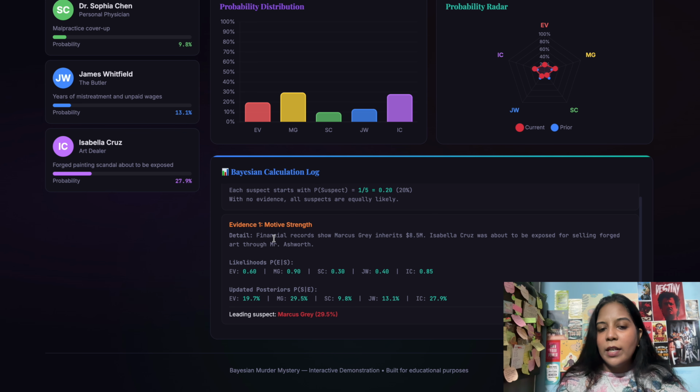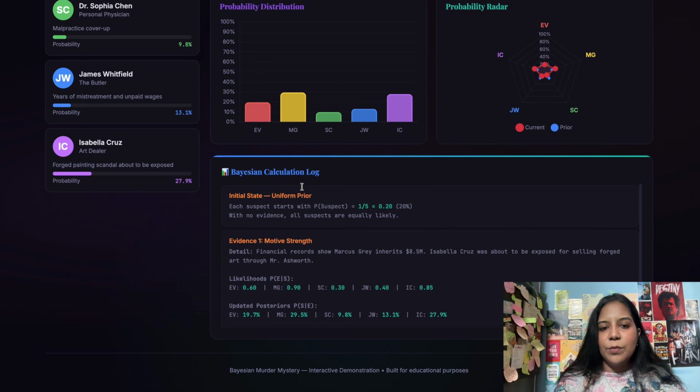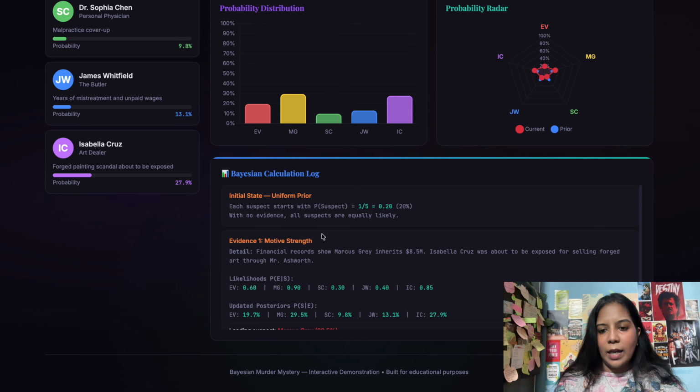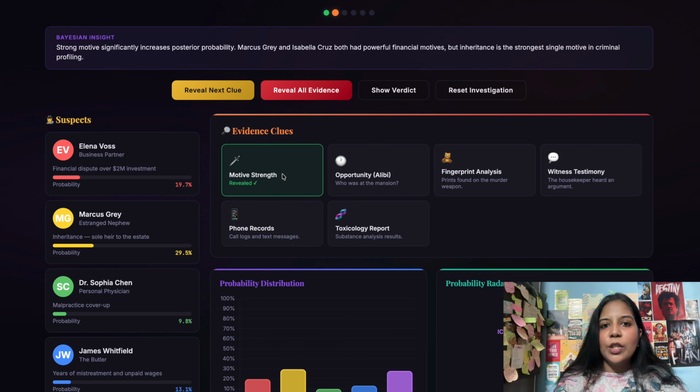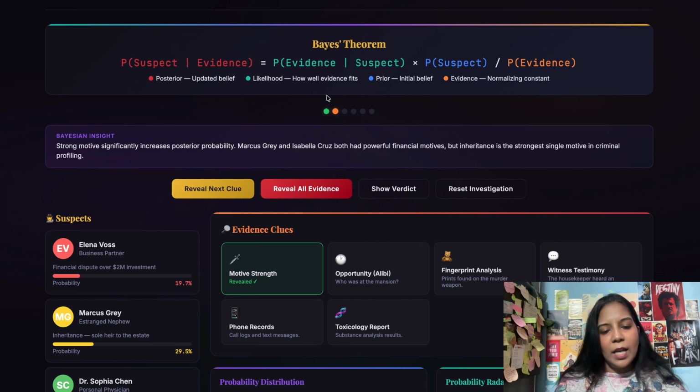So for evidence one, compared with the likelihood of each, the prediction that came is what we are seeing in the distribution. This is what the calculation does, and to calculate the probability distribution, we use this particular formula, the Bayesian theorem.